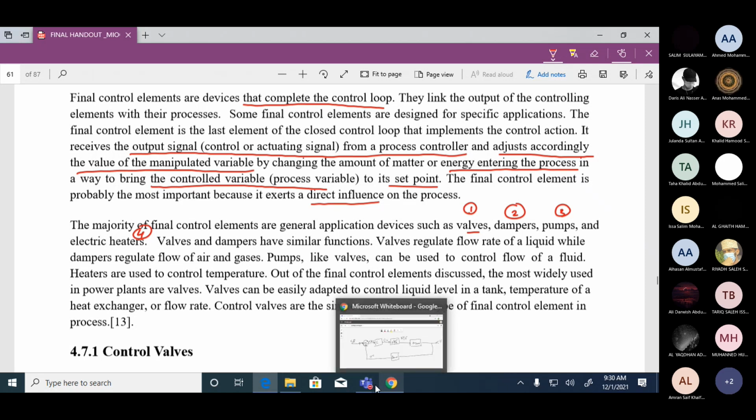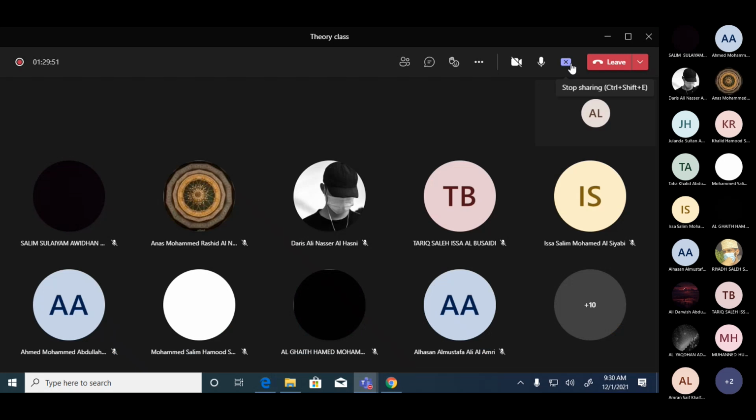Dampers, okay, just let me check if I can give you an example of a damper.